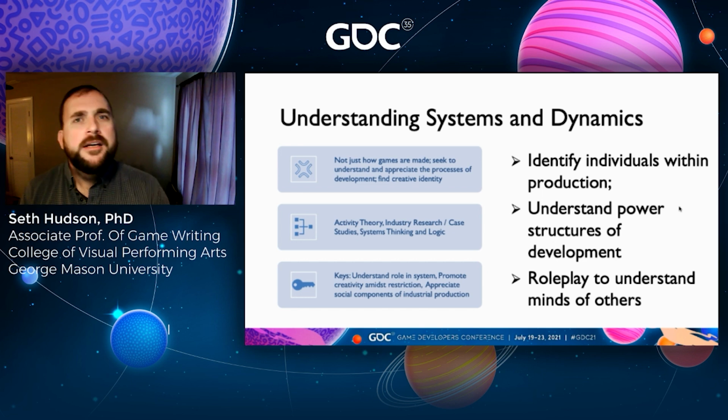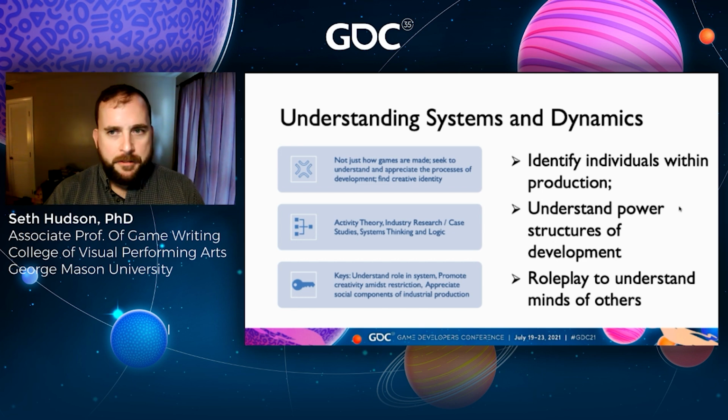Having our writing students understand where systems and dynamics come into play, and this gets a little tough, right? There might be a belief that we want to break free of the hierarchy, the power structures within game development, at least at the AAA level. And that's great, right?